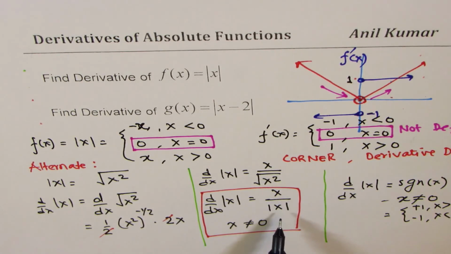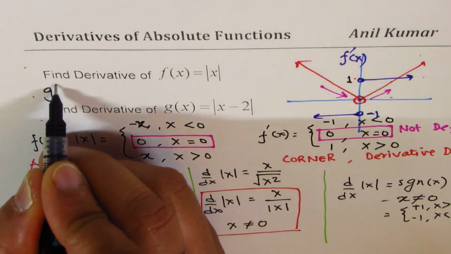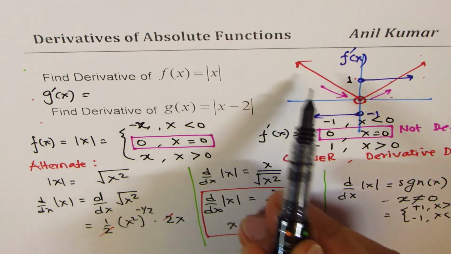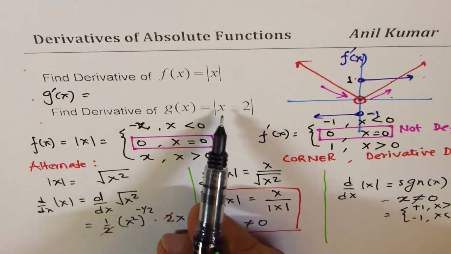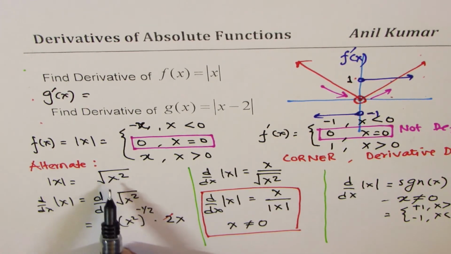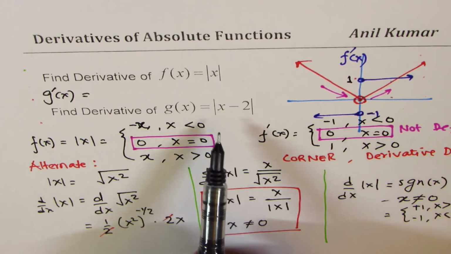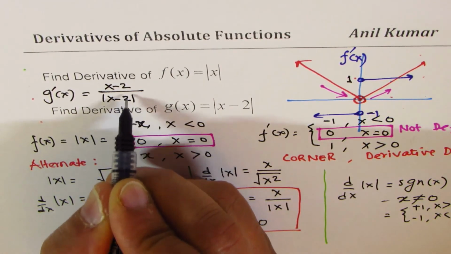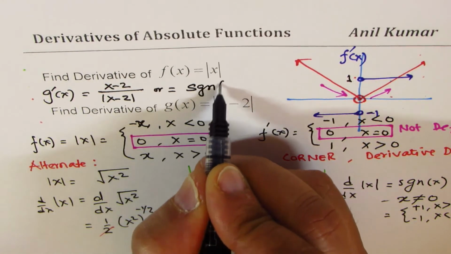You could write it in this form also. Using this form, you can now write down the derivative of g of x. Let me write down the answer here and let it be an exercise for you. You could either sketch and then find the derivative, or write absolute value of x minus 2 as the square root of x minus 2 whole squared. Then you get x minus 2 over absolute value of x minus 2, which is signum x minus 2.